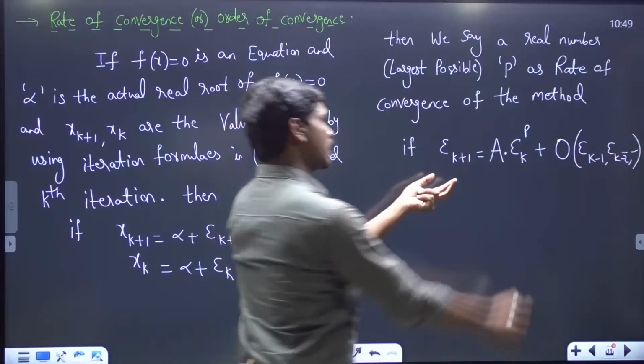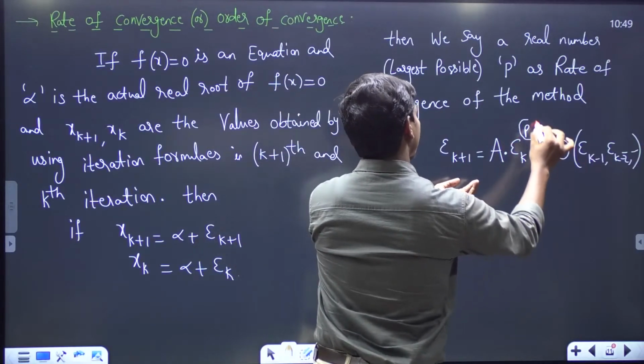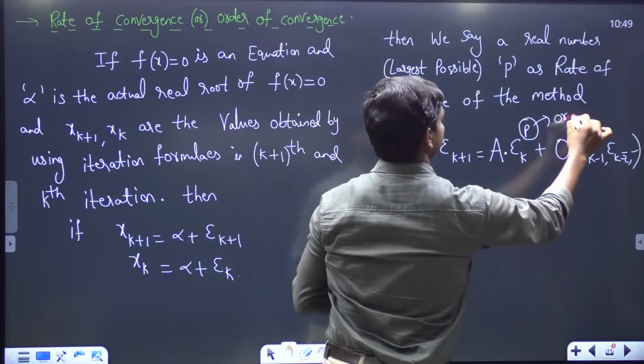So this number p is called the order or rate of convergence.